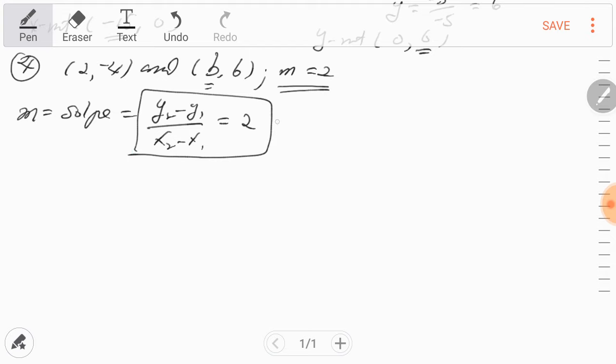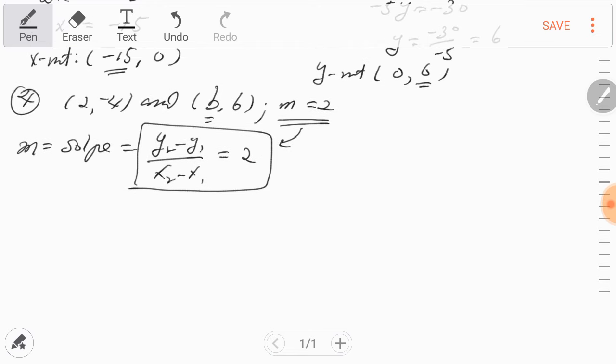So the slope is equal to 2, so we're going to use this equation and plug in all these y2, y1, x2, and x1. Why don't we set the first point as x1, y1, and the second ordered pair as x2, y2.